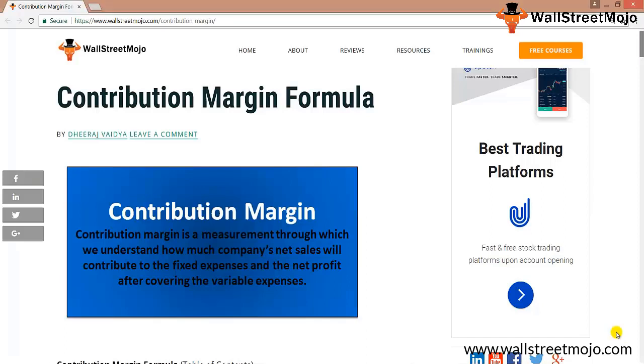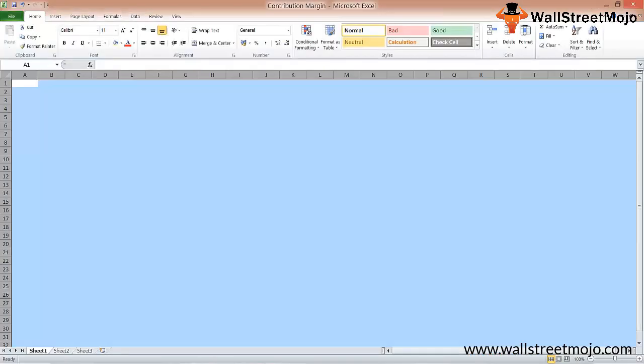Now, the contribution margin formula, let's get into the nitty-gritty of it. It is a very significant concept every business owner should understand. To calculate the contribution margin, all we need to look at are the net sales and the total variable expenses. So let's see the formula in Excel.